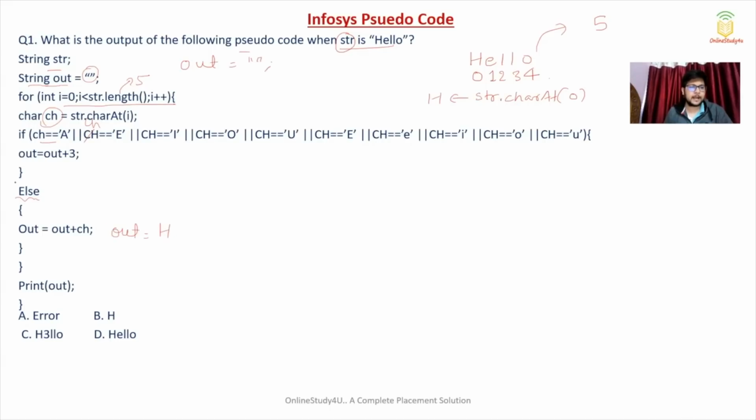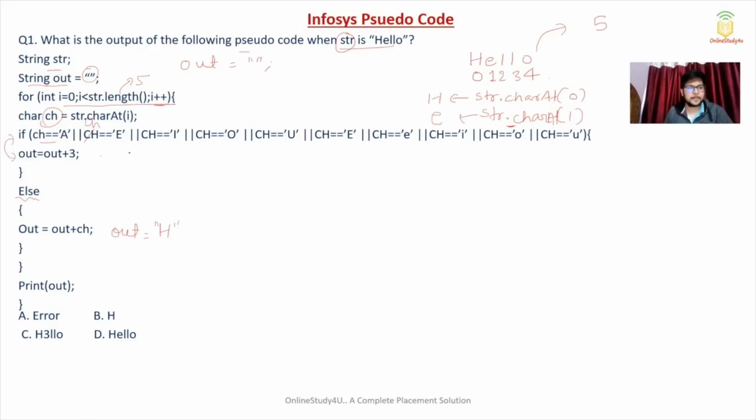Fine. Then I plus plus, and then it will go to str.charAt(1). It is a string. So str.charAt(1) will give me small e. Now e is a vowel, so it will come inside the if.